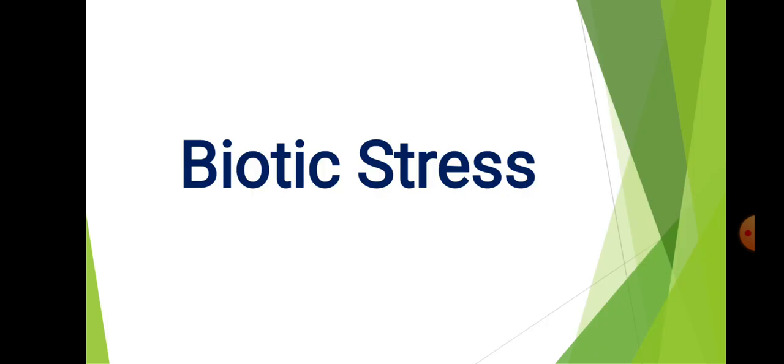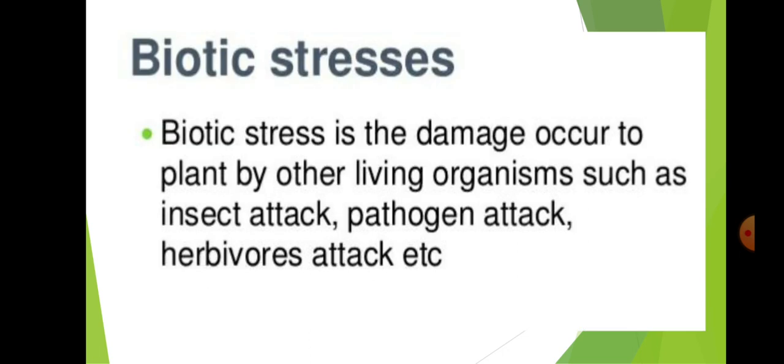The next class of factors which cause stress to the plant is biotic stress. What is biotic stress? Biotic stress is the damage occurring to a plant by other living organisms such as insect attack, pathogen attack, and herbivore attack. That means the stress which is caused by living organisms.